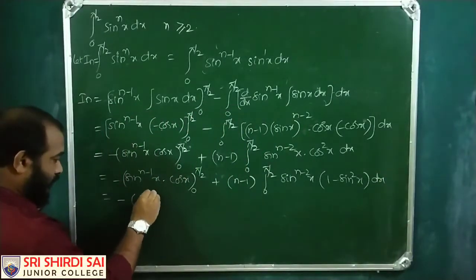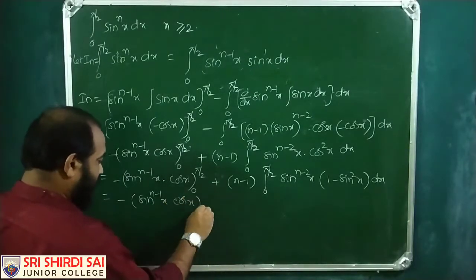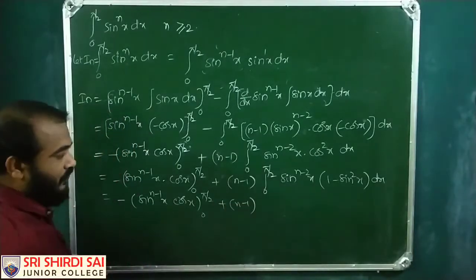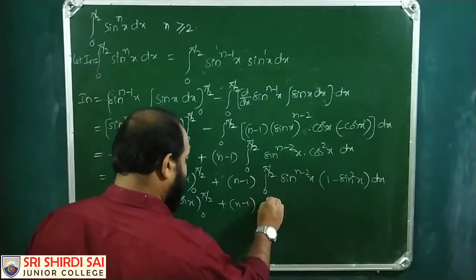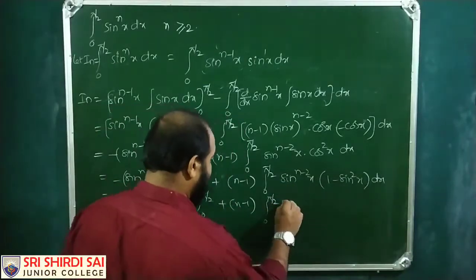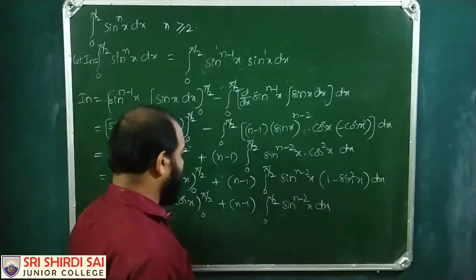So minus sin power n minus 1 x into cos x from 0 to pi by 2, plus n minus 1 into integral 0 to pi by 2 sin power n minus 2 x into 1, so that is sin power n minus 2 x dx.